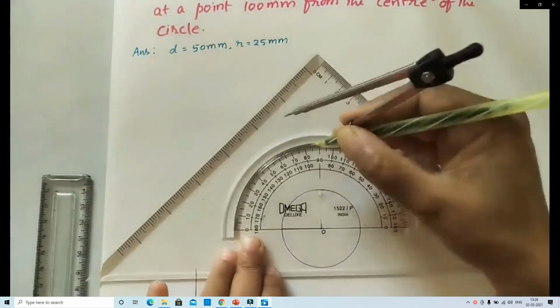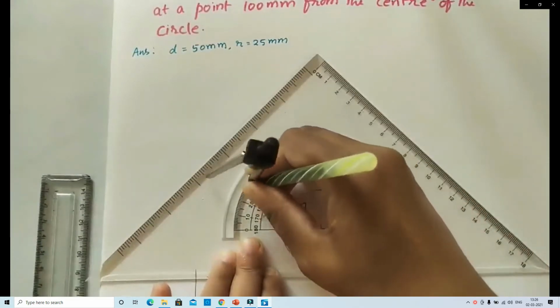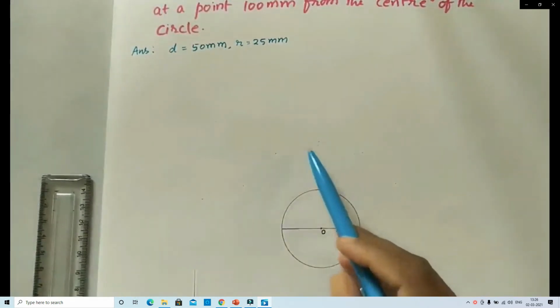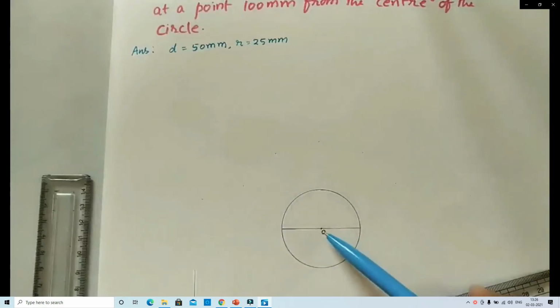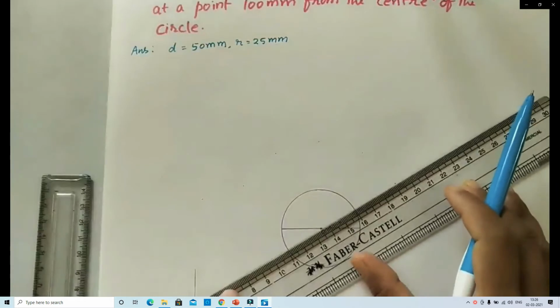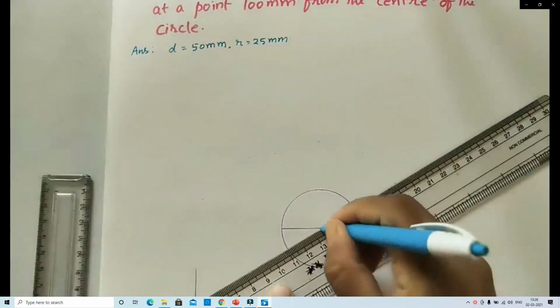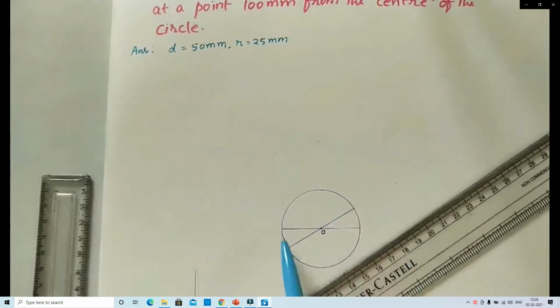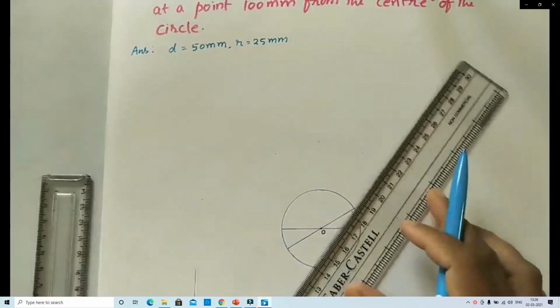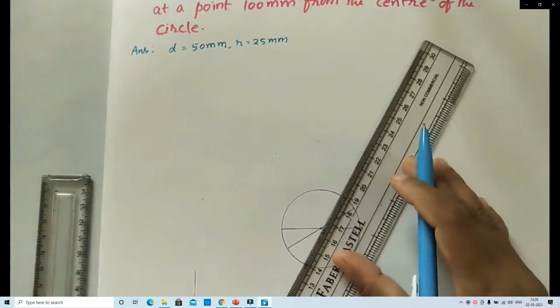You observe here 30, drawn with the help of the protractor. Only on the top side: 0, 30, 60, 90. This line intersects both sides. With the help of the scale, we draw the lines.